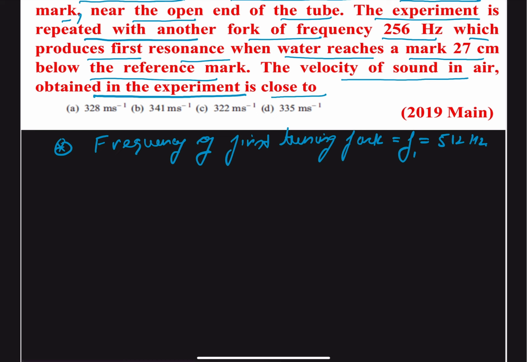We convert that into meters. So we say the length of air column, let us suppose that is L1, which we can write as 0.11 meters.